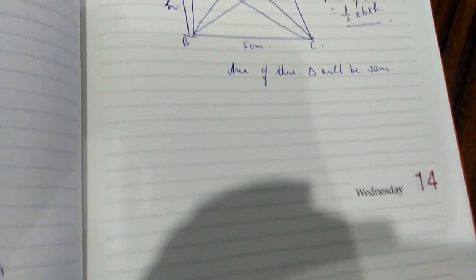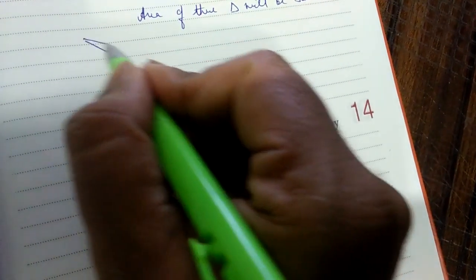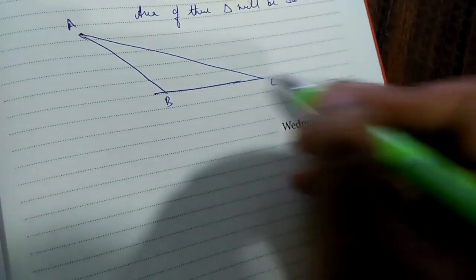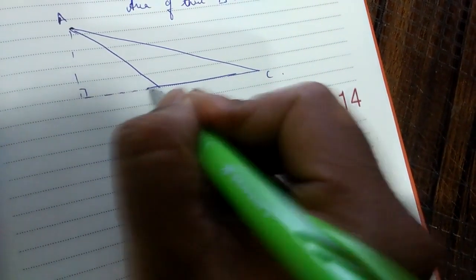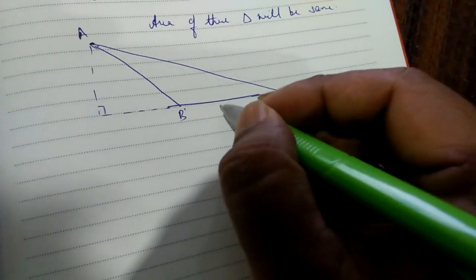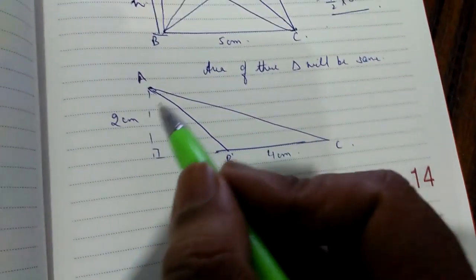There is one more figure to discuss. This is an obtuse angle triangle. One of the angles is greater than 90 degrees. Let's discuss this particular figure A, B, C. This is a perpendicular. This is the actual figure A, B, C. BC is 4 centimeters. Let the height AD be 2 centimeters. We have to construct it.